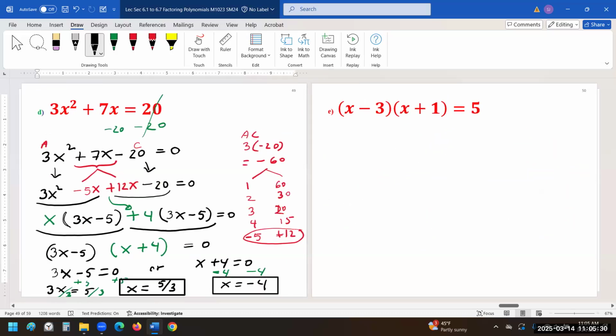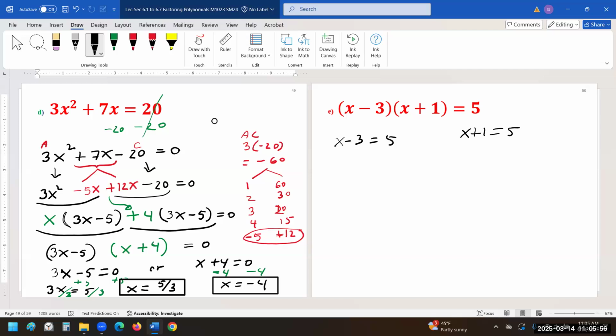We have one more. Do you remember yesterday I told you something about this? Can we say x minus 3 is 5 or x plus 1 is 5? Can we? Good, you remember.